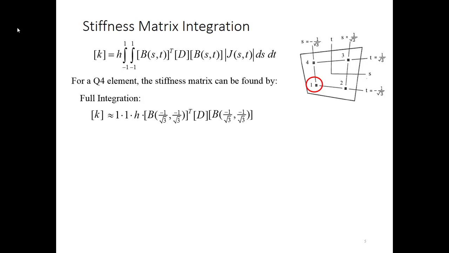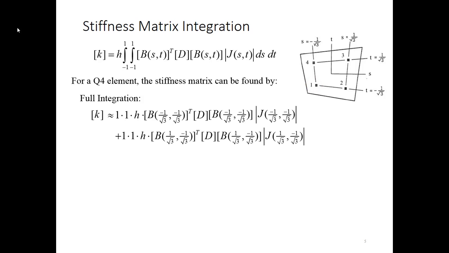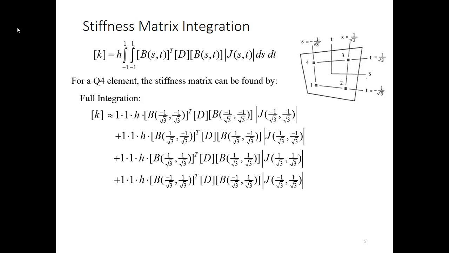And then we'll have another B matrix where we're evaluating the same location. Remember, everything along this line is evaluated at this location, -1 over the square root of 3 and -1 over the square root of 3. Then we evaluate our Jacobian at that location, and we continue with location 2, location 3, and location 4.